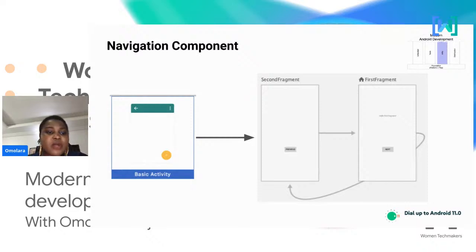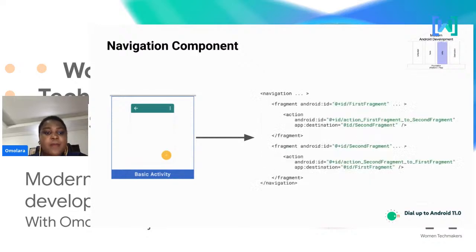So we have this usual basic activity, and you want to link from the first fragment to the other fragment. All you need to do in your Android Studio is draw this link and then link it to the second fragment. Let's see what the code looks like. This is what the code looks like if you want to do this in your XML.